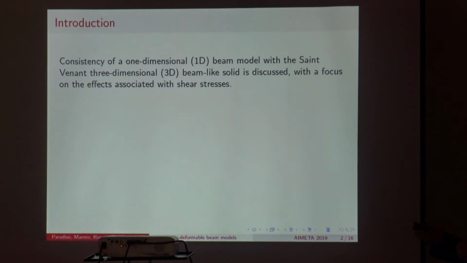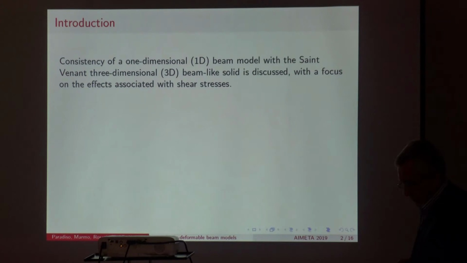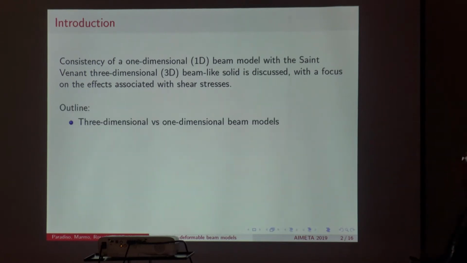And this problem is even more puzzling, because when you connect the deformed shape of the 3D model of the beam axis, the axis connecting the center of gravity, this deflection exactly coincides with the one you get from the 1D model, the Euler-Bernoulli model, in which you discard shear effects, shear stresses.